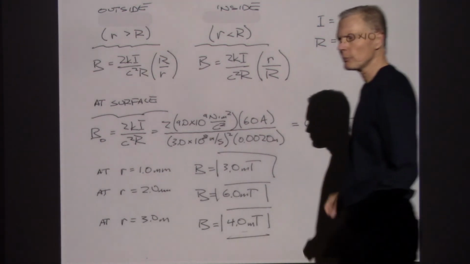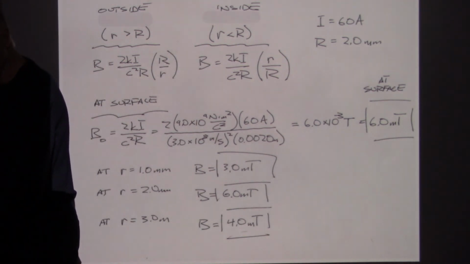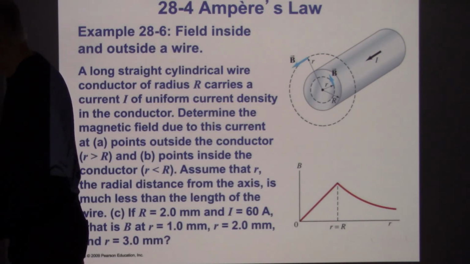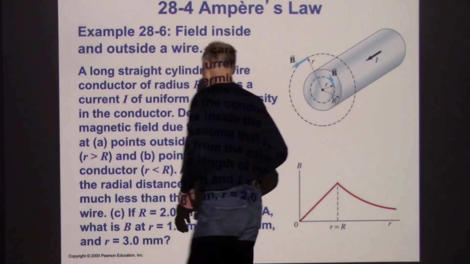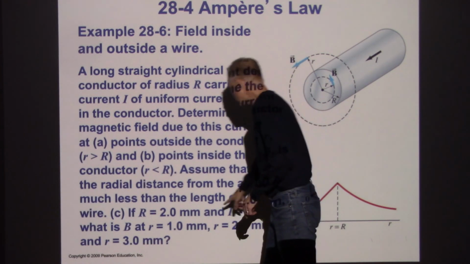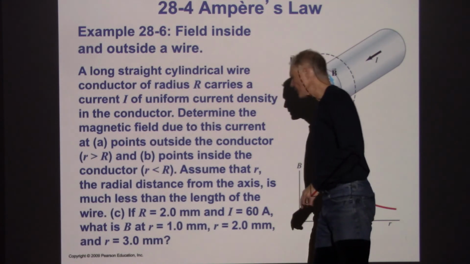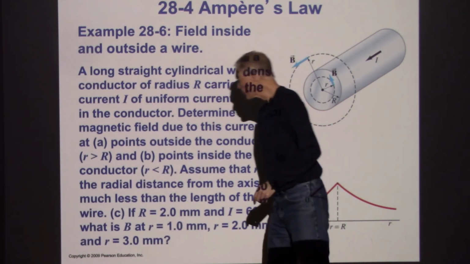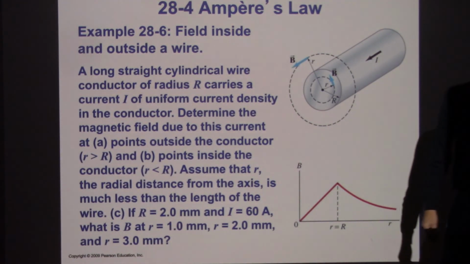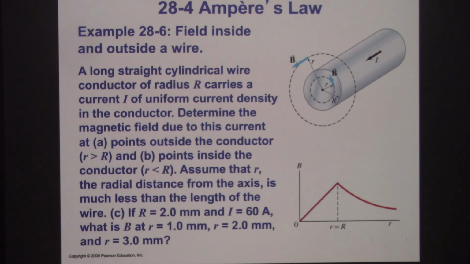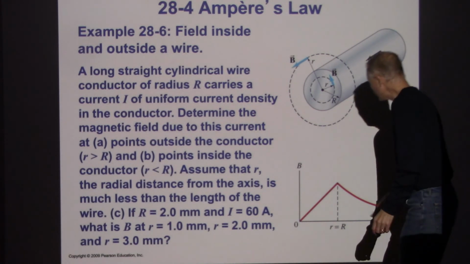Now in the problem, what they ask us to solve for, they picked these distances. They said, what's the magnetic field at 1 millimeter from the center line, 2 millimeters from the center line, or 3 millimeters from the center line? And for 1 millimeter, they've got the formula, they've got the graph here too.